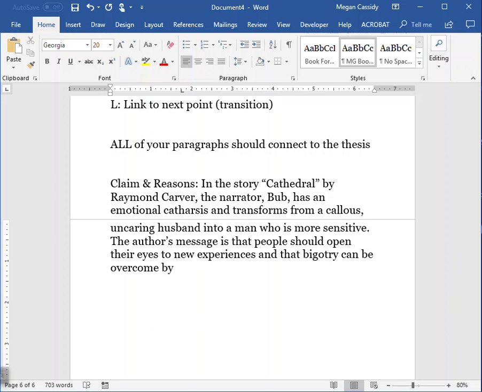Bigotry can be overcome through the new experiences. Okay. Again, if I had more time, I kind of would revise that a bit, but you get the idea.